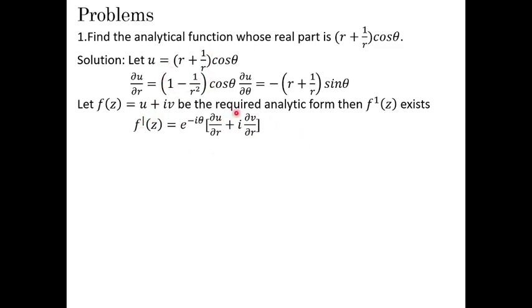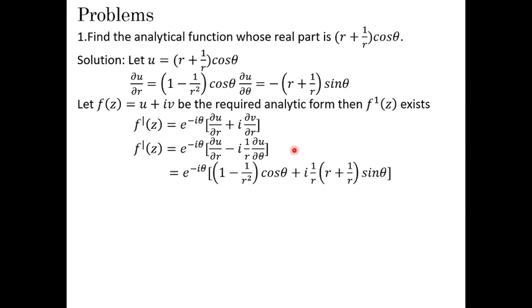In the differentiation formula, we have dou v by dou r. By using the CR equation, dou v by dou r can be written as minus 1 by r dou u by dou theta, because dou u by dou theta is equal to minus r into dou v by dou r. Therefore, dou v by dou r can be written as minus 1 by r into dou u by dou theta.